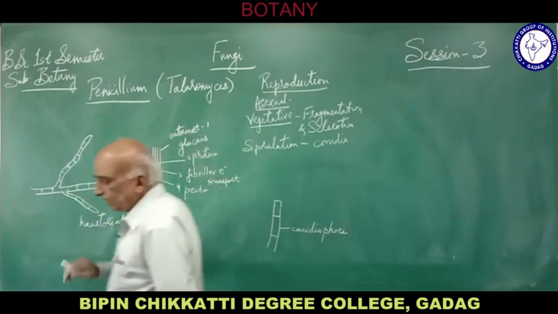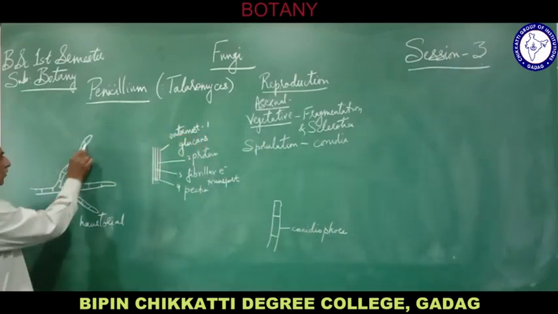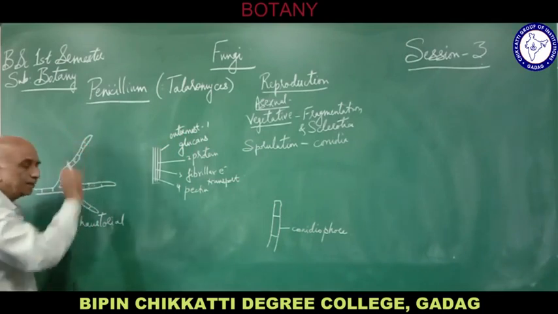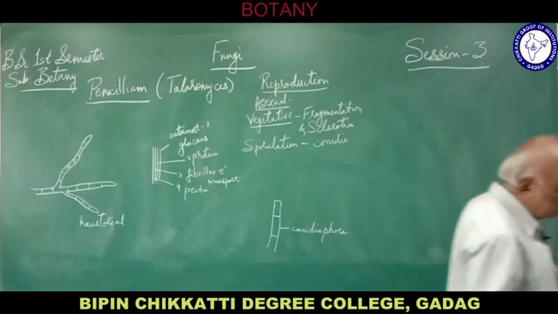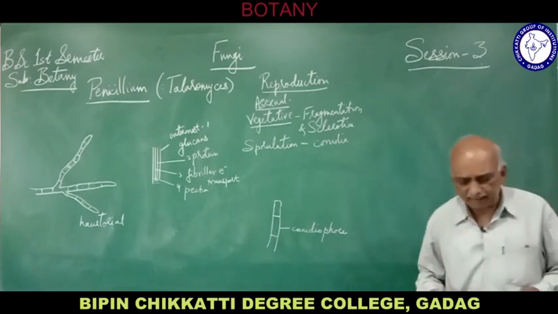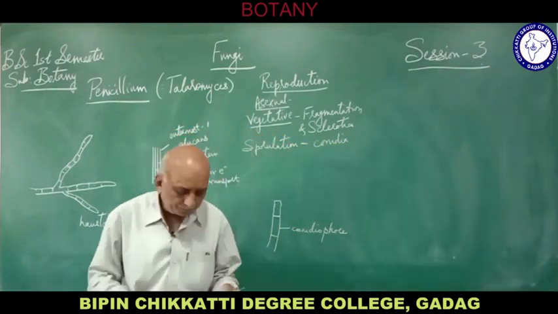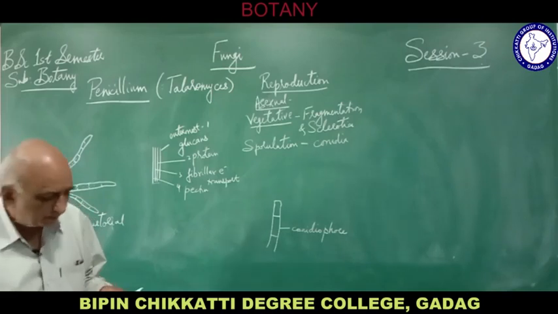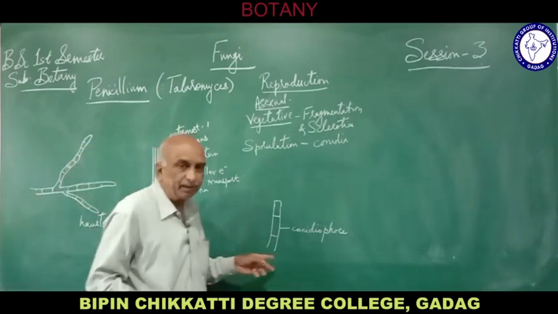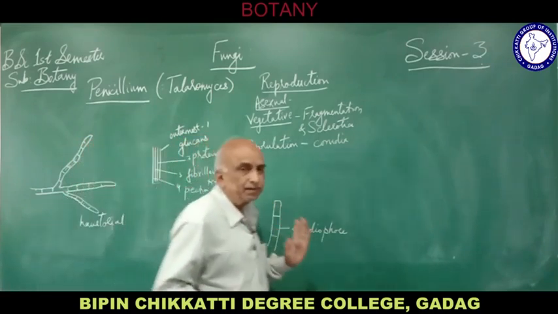Conidiophores are vertical structures, long, erect, a special type of septate hyphae, and they always arise vertically.